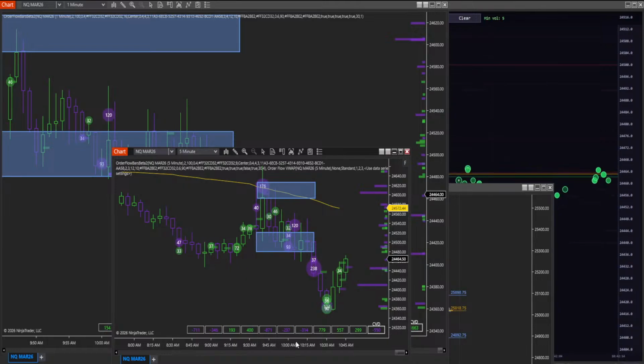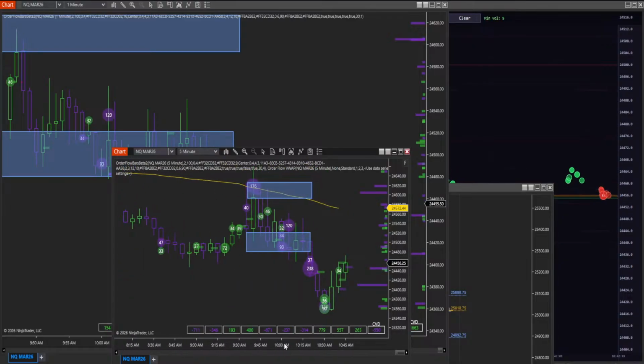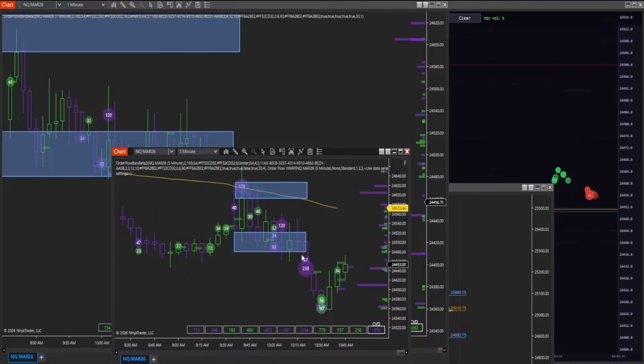Okay. Earlier, when I said I need to have large participation to go short, that 238 was that large participation. You could have gotten in on that 37 and got yourself in early, maybe one contract. And once you see that 238, you can add to it.